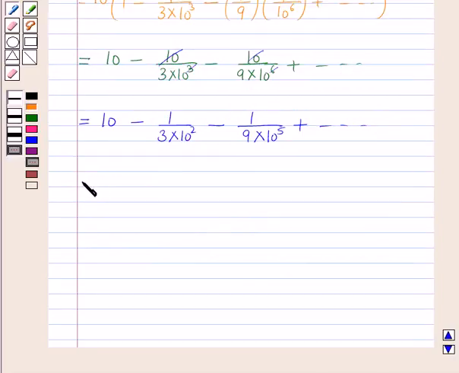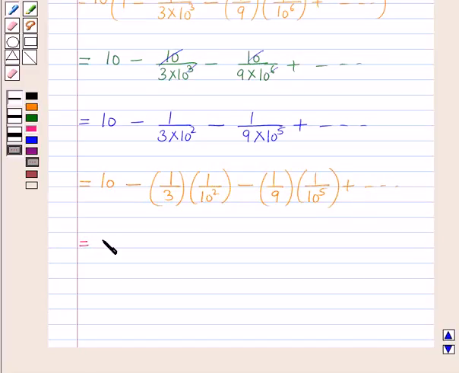This will be equal to 10 minus 1/3 into 1/10^2 minus 1/9 into 1/10^5 plus so on.